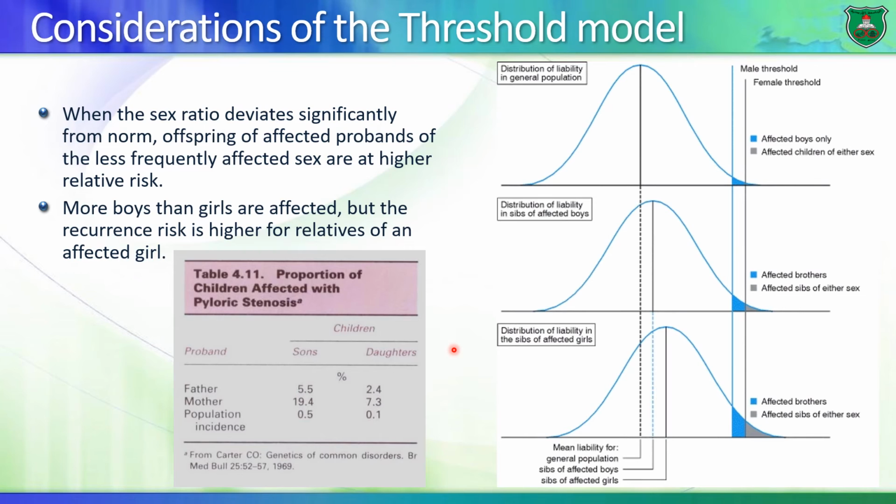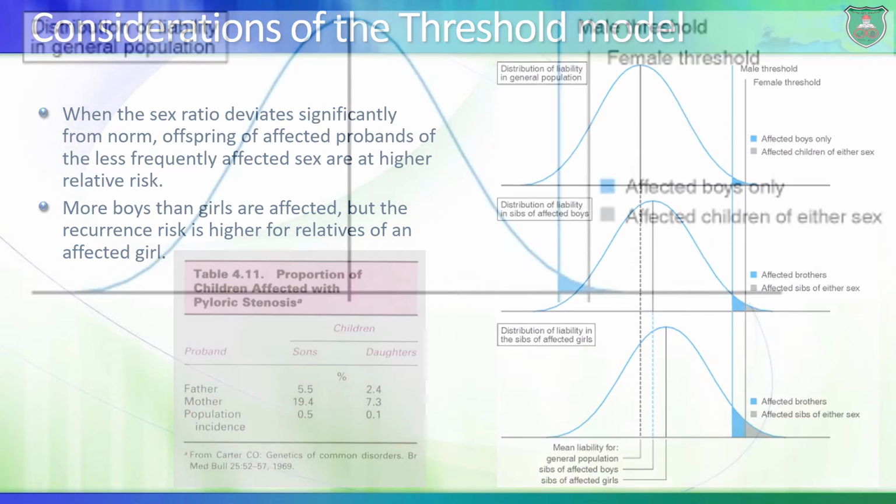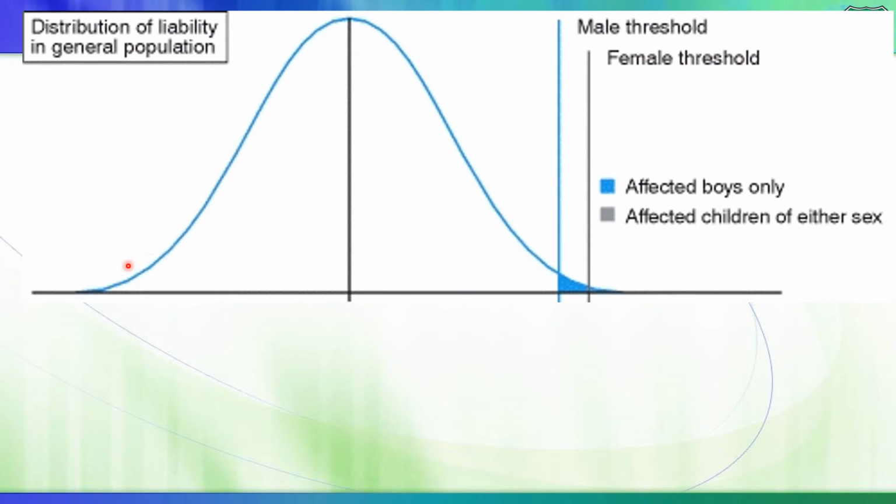So let's apply this to the threshold model, but I'm going to go to the next slide, and you can read what's written on this slide. Here we have the liability on the x-axis and a normal distribution of the liabilities, or the factors that are necessary for the development of this multifactorial condition.